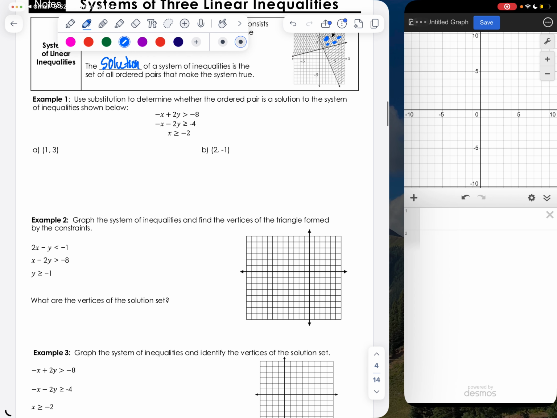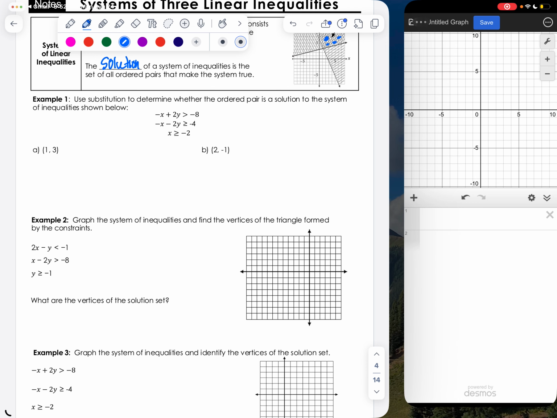So if we don't have a graph given to us, then the only way we can determine if an ordered pair is a solution is to substitute that ordered pair into each inequality and determine if it satisfies or makes that inequality true. So let's look at our first ordered pair, 1, 3, and we're trying to determine would that 1, 3 fall in the solution area if I were to graph the system.